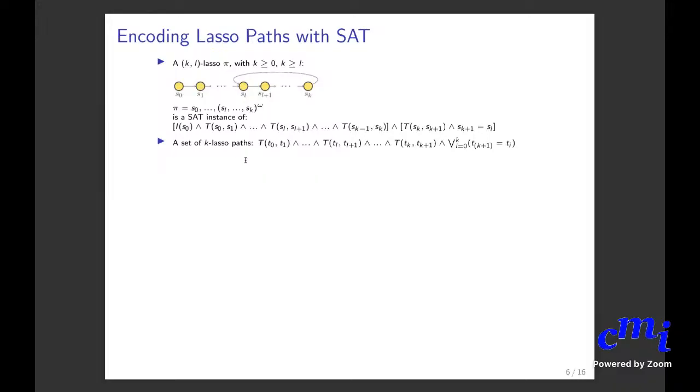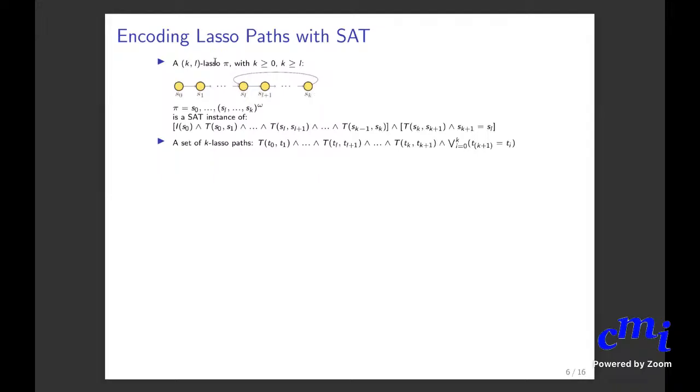Now, a set of k lasso paths represented by k-long prefix BMC can be represented by this SAT formula, where you check if there are several positions where the Sk state lassos, by checking if the k plus 1 state, that is the successor of Sk, is equal to any one of the states starting from S0 to Sk.